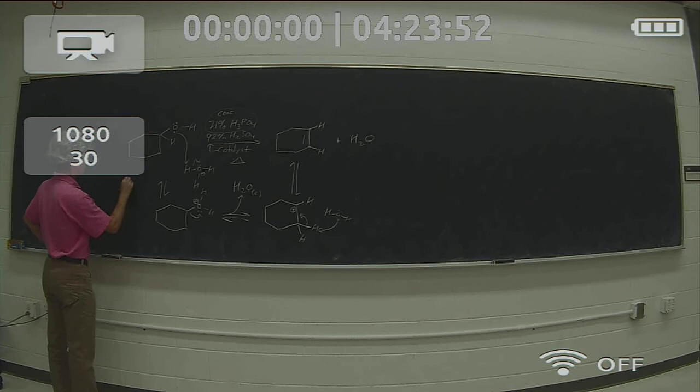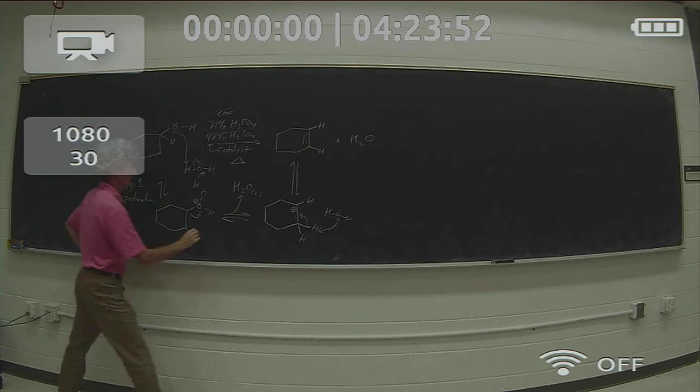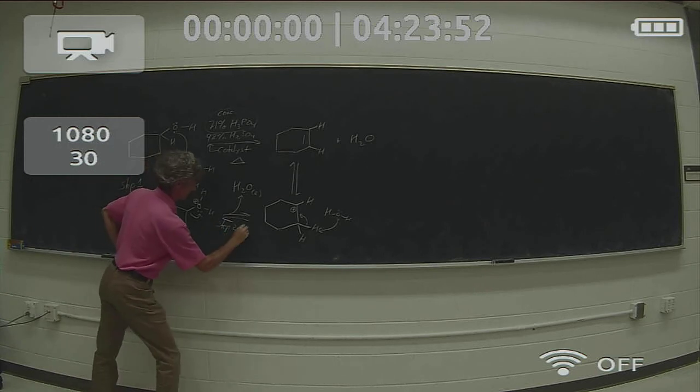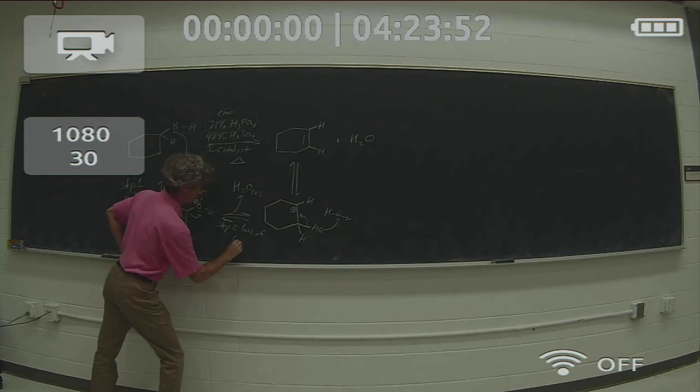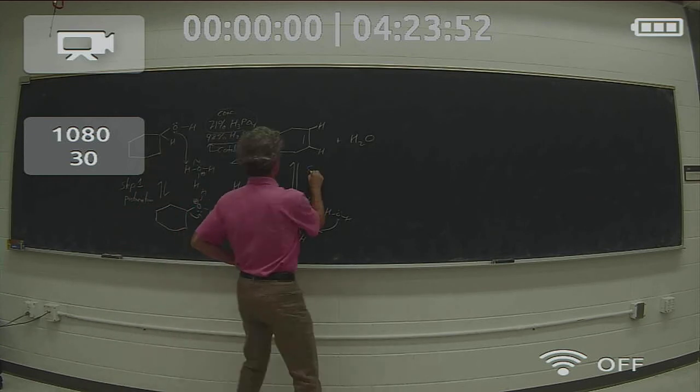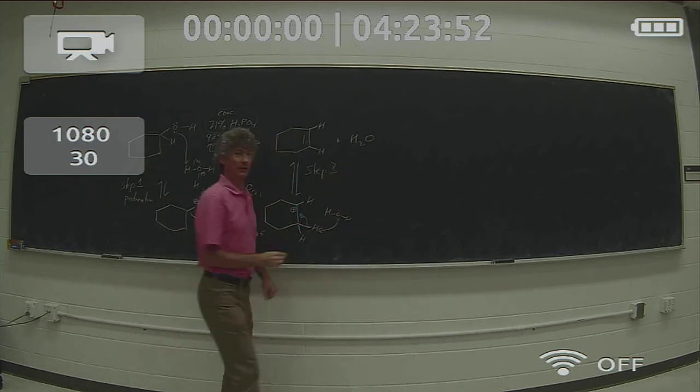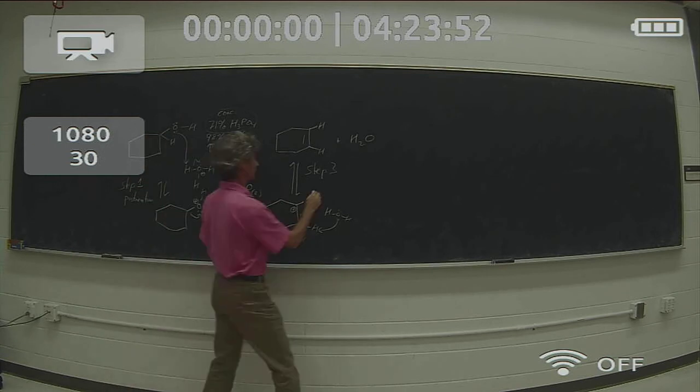So it's a 3-step mechanism, just like the other one. At 1, protonation. At 2, loss of the leaving group. But step 3 now is deprotonation instead of nucleophilic attack.